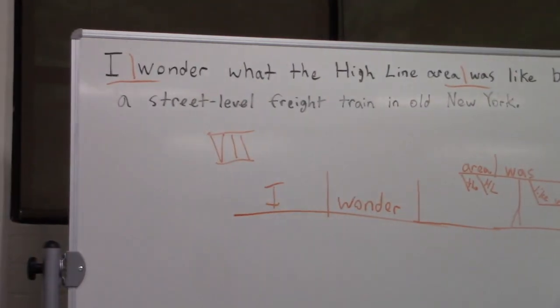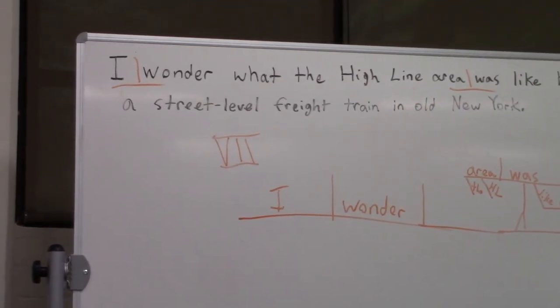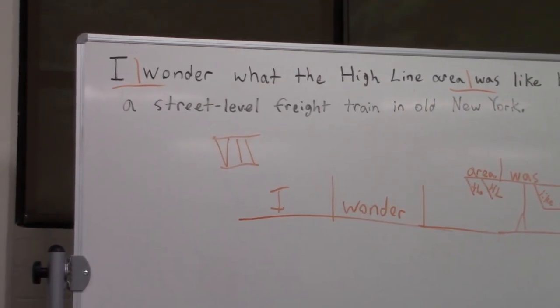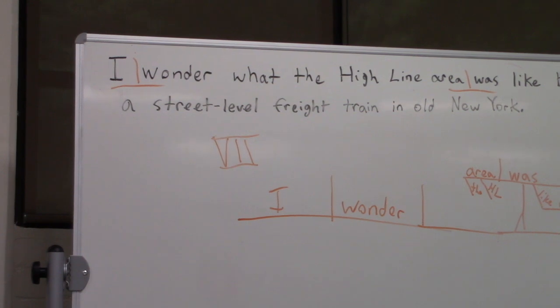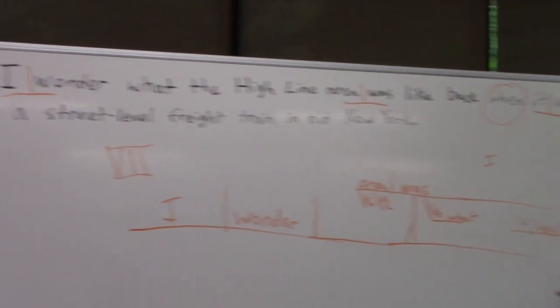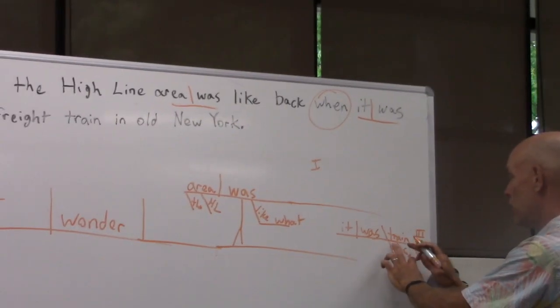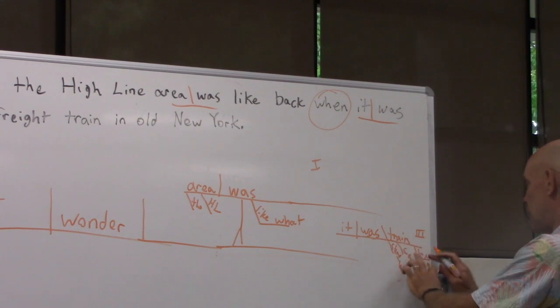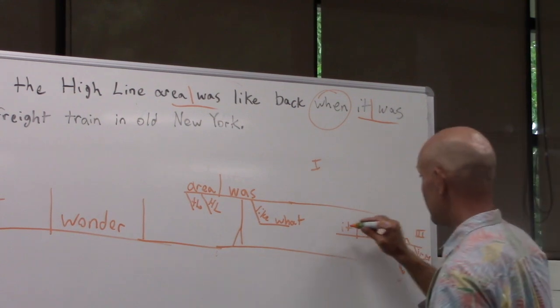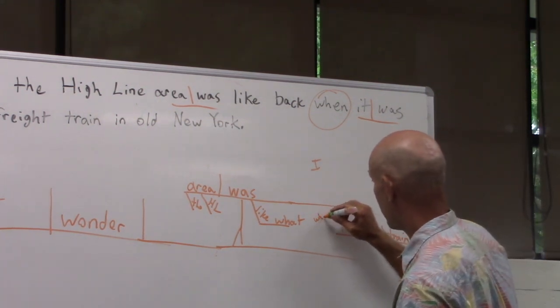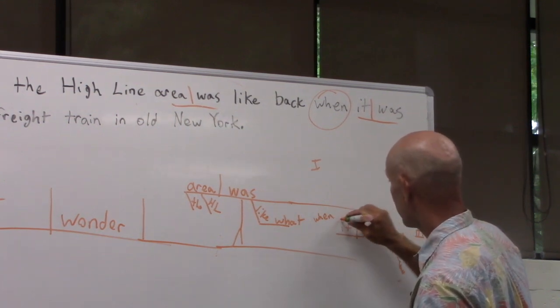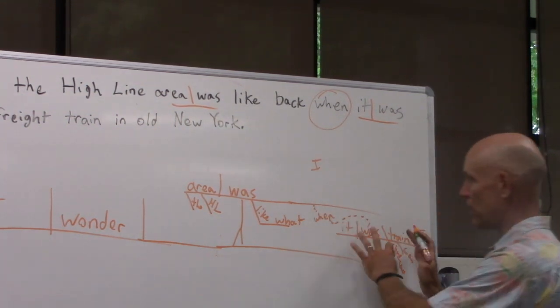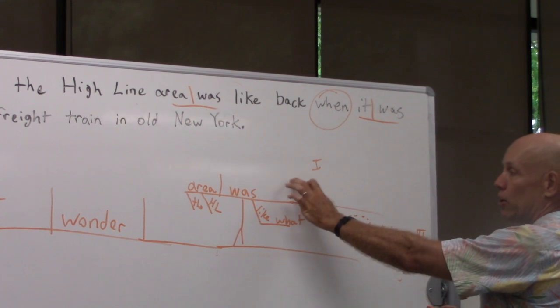A street level freight train. And it was a train in Old New York, right? That will go here. Sorry, that's a little scrunched together, but it's a street level freight train in Old New York. And this is connected to here by our subordinating conjunction when. So that's adverbial to what the area was like.